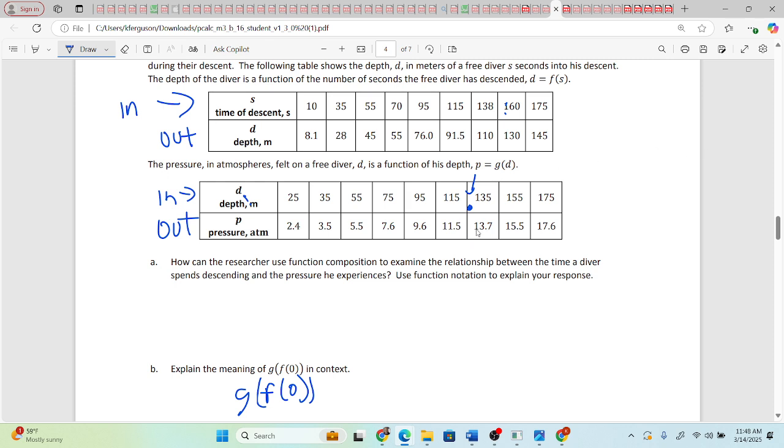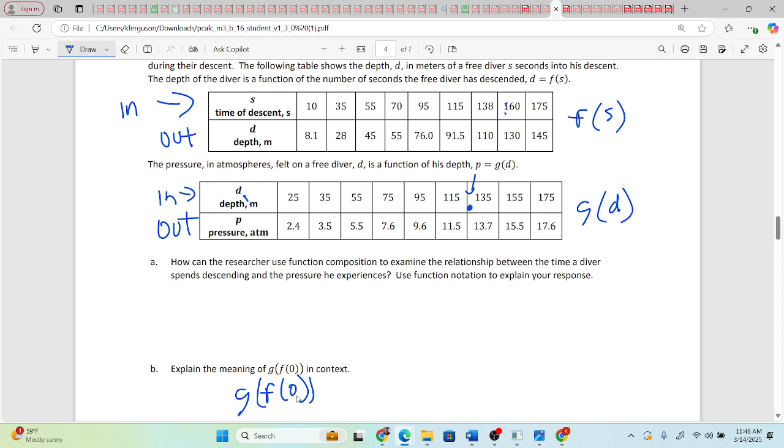Don't overthink it. You're probably thinking too hard. No, what is the meaning? Not what's the answer, just what's the meaning? Think about what f is and think about what g is, and tell me what g of f of 0 means. Okay, I'll help you.